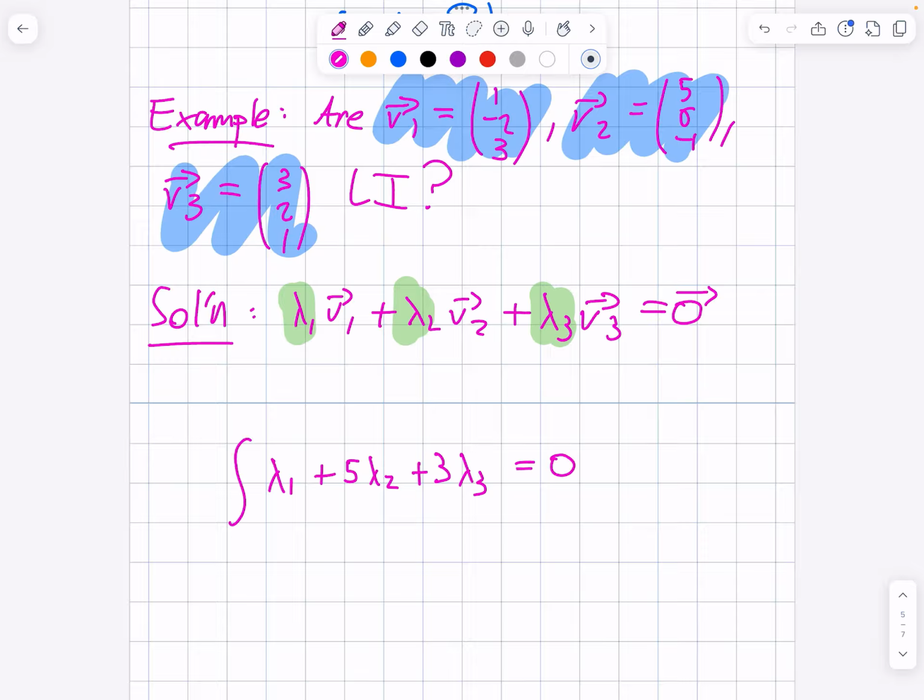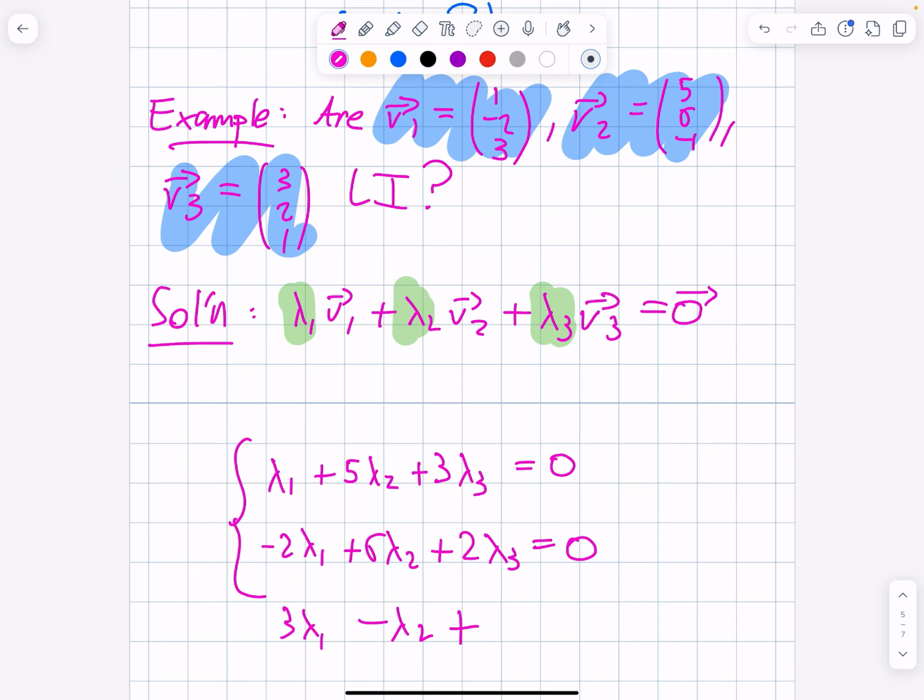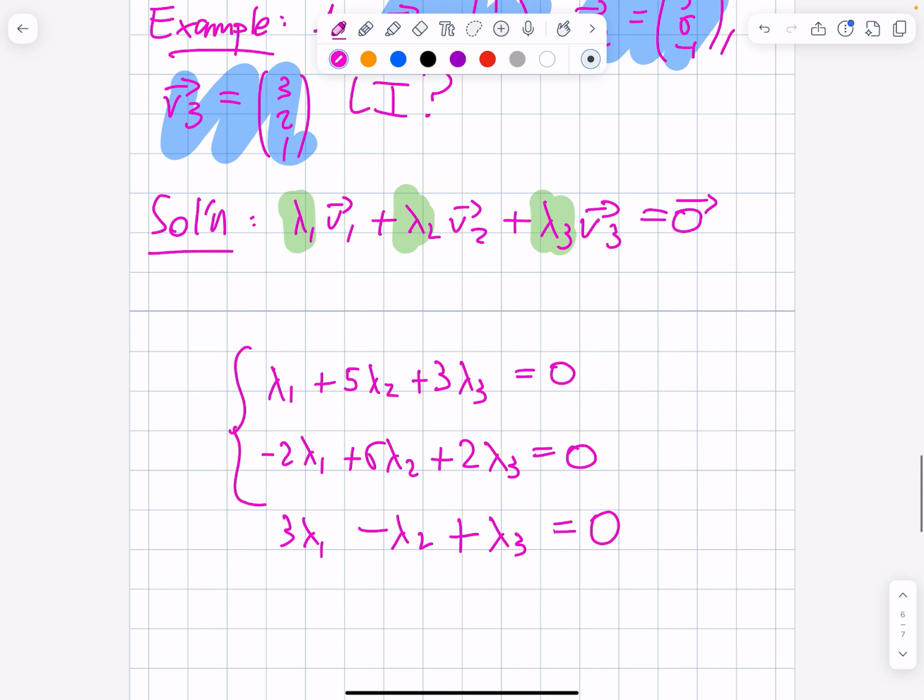The second equation is minus 2 lambda 1 plus 6 lambda 2 plus 2 lambda 3 equals 0. And the third equation is 3 lambda 1 minus lambda 2 plus lambda 3 equals 0. This is the system we get.